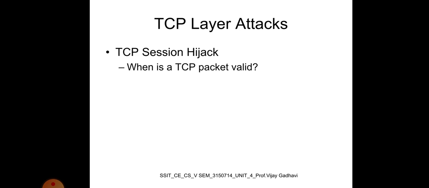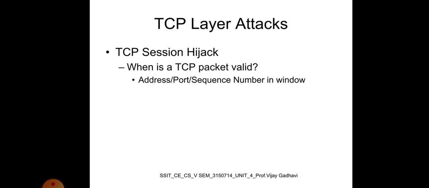TCP session hijacking. When is a TCP packet valid is the most important question when we suffer from TCP layer attacks, and when we need to identify this kind of TCP attack. First you need to know whether the TCP packet is valid or not.